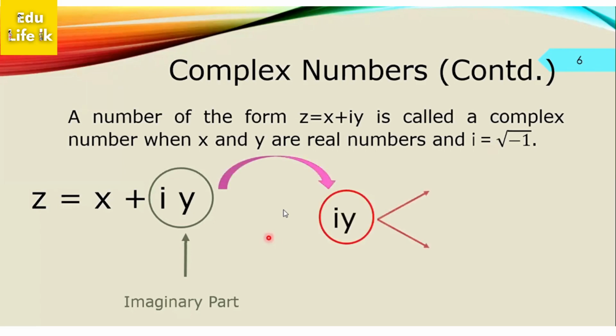Now if we take i times y, i equals square root of -1, y is the real number.